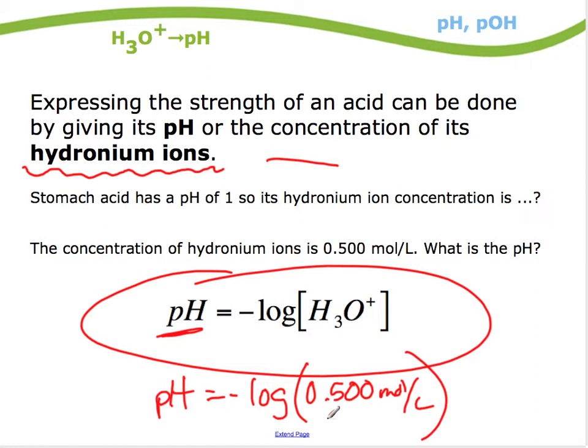Go. So my answer came out to be, in this case here, the pH would be 0.301. I'm just worried about sig figs here at the end. Yeah, that would be correct there. So 3 sig figs here, and after the decimal place, I have 3 sig figs there. Okay, so just using that formula.